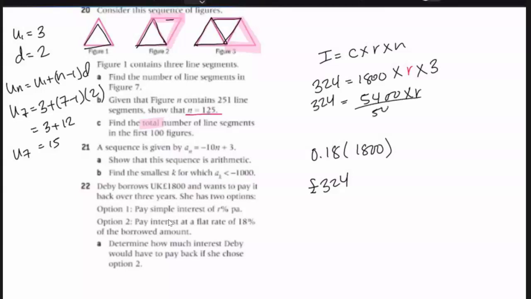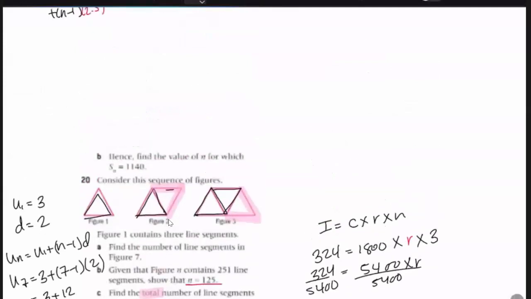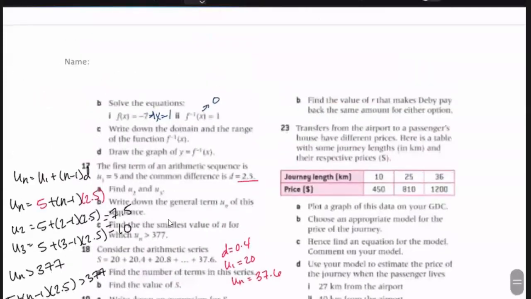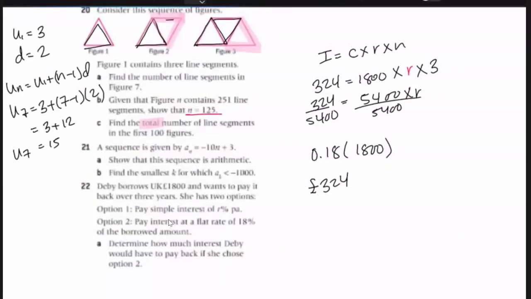We'll divide by 5,400 on both sides. 324 divided by 5,400. My interest is going to be 0.06, or 6%.